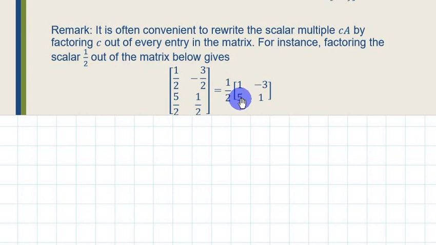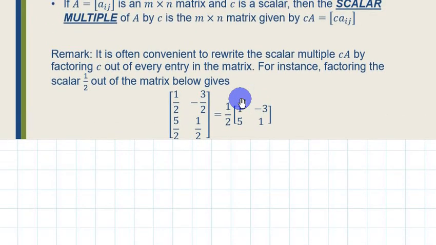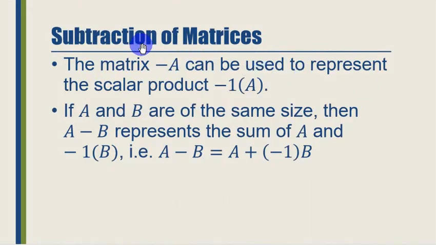Now, scalar multiplication is defined first so that we can define another operation, which is the subtraction of matrices. The matrix negative A can be used to represent the scalar product negative 1 times A. Why do we need to do this?